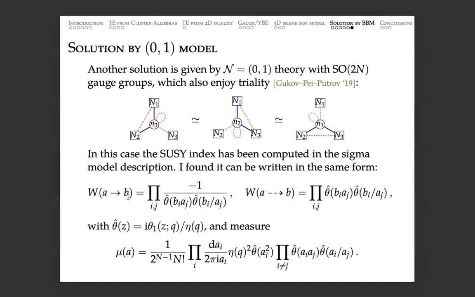Okay, and that gives you another solution of the tetrahedron equation. Here, the solution's Boltzmann weight can be written in terms of theta functions. Okay, so here's the Boltzmann weight. And then here's the integration measure.